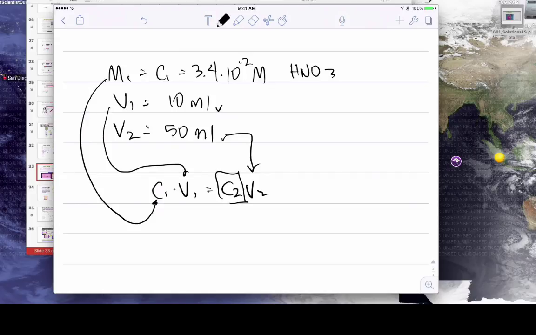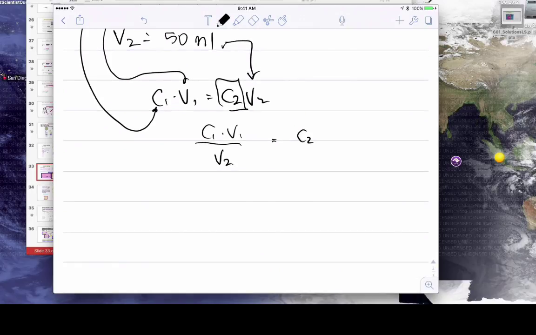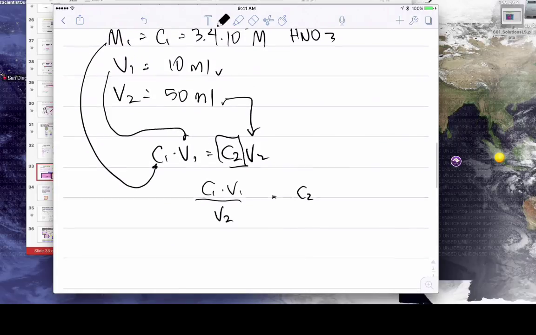So when we do the algebra, C2 is equal to C1 times V1 divided by V2. That's just simple algebra. So if we plug in the numbers, we get 3.4 times 10 to the minus 2 molar times 10 milliliters divided by 50 milliliters.